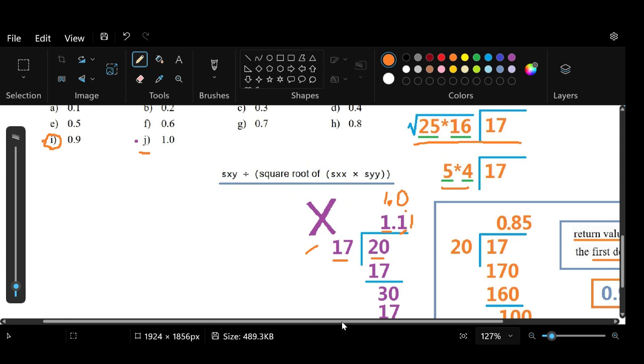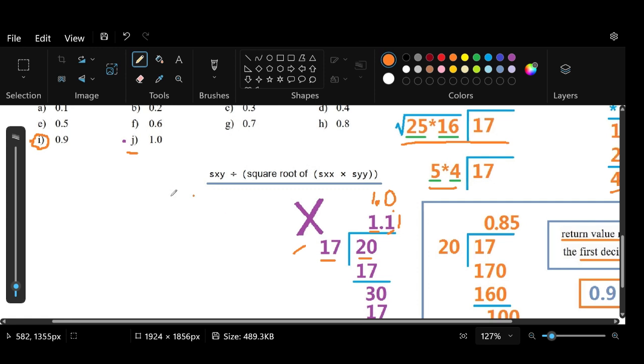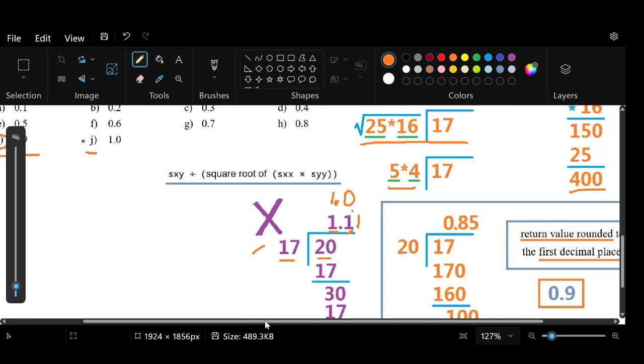Later on, I looked at the correct answer, which is I, and attempted to figure out where I got it wrong.